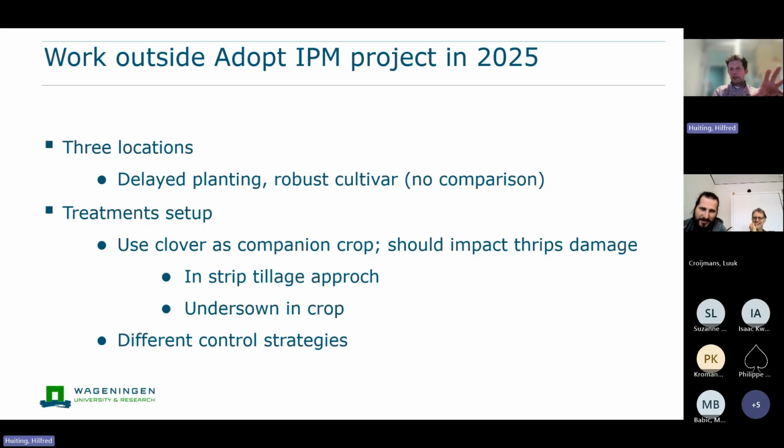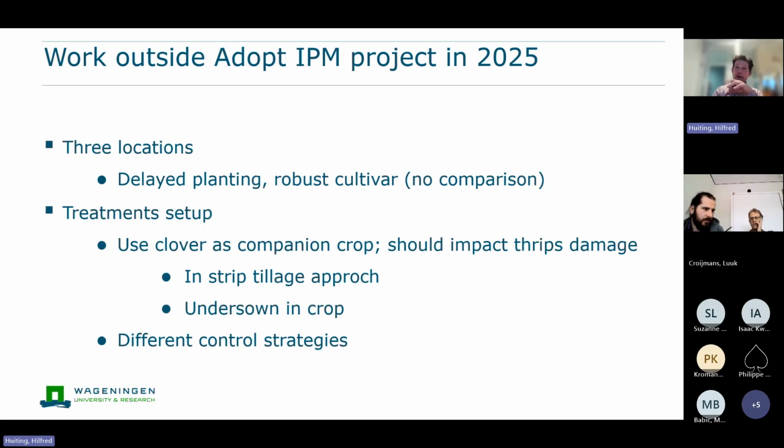And we did this as a strategy approach, not so much comparing all the elements, although trying to say something about them based on the results. So we also combined this with different control strategies.